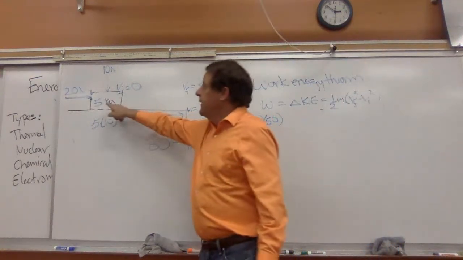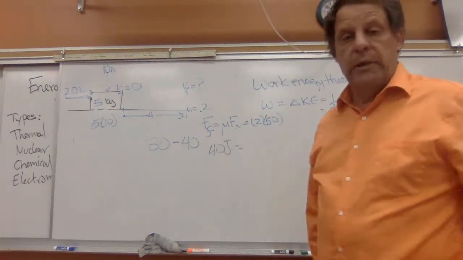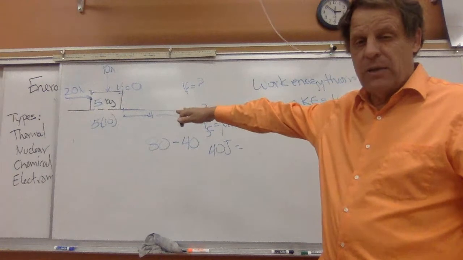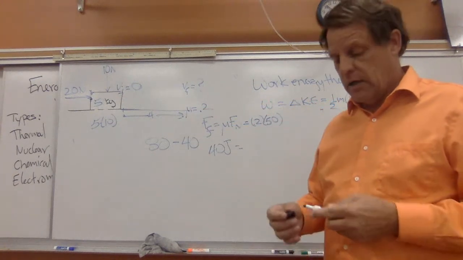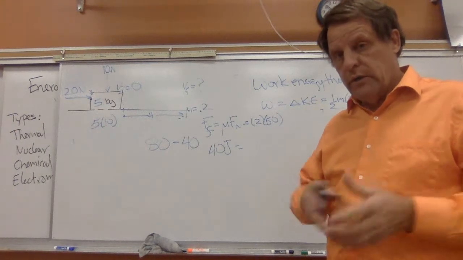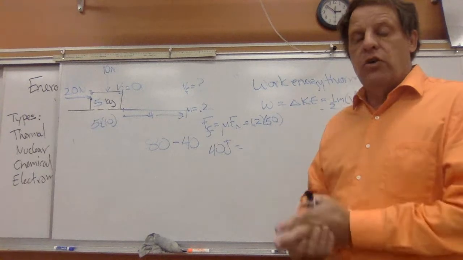And as we saw from our previous example, if it was 5 kilograms, at the end of those 4 meters, it's going to end up going 4 meters per second. That's the square root of 16 that we had talked about in a couple of different results. So the amount of work that we put in can be divvied up into different things.